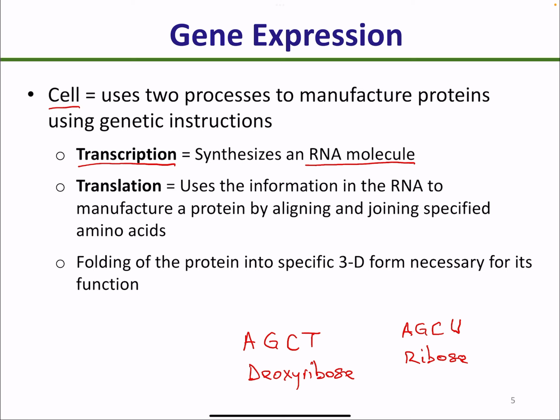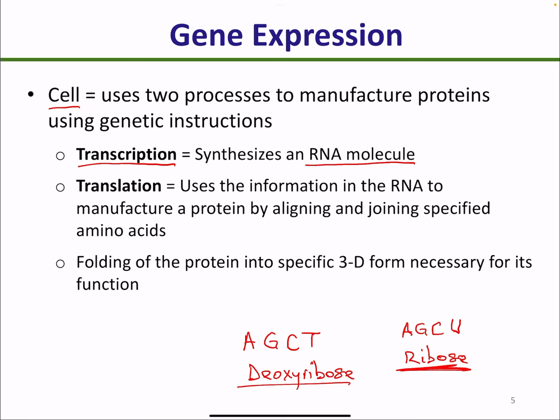So you see that even though the building blocks in DNA and RNA, we call them nucleotides, these nucleotides are different, right? They are different based on the type of sugar they have. One carries a ribose, the other one carries a deoxyribose.